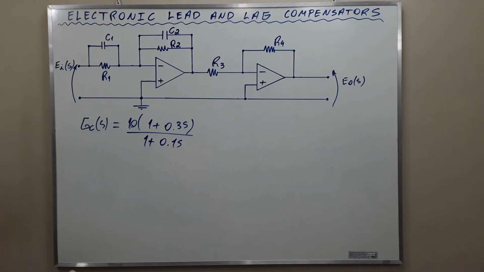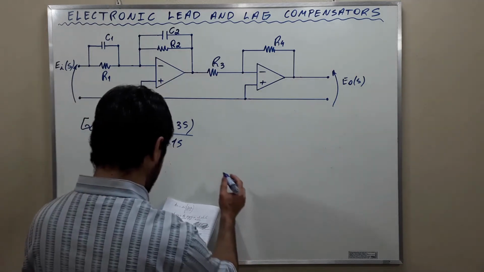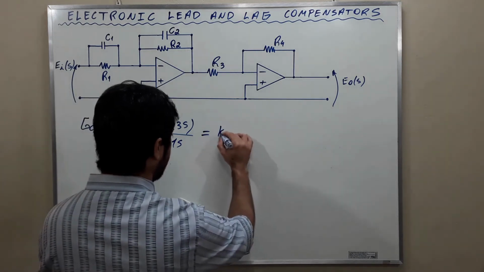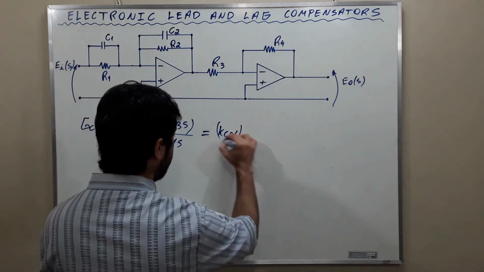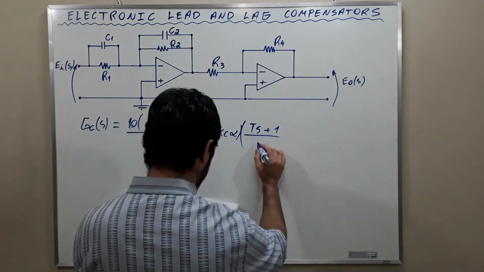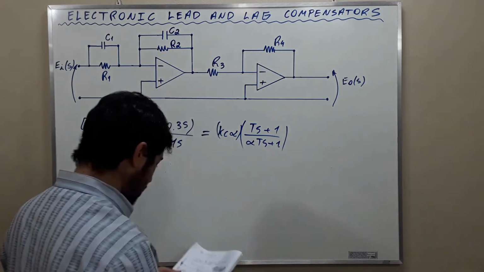A general compensator transfer function is of the sort I wrote here, Kc times alpha, (Ts plus 1) over (alpha Ts plus 1), okay?